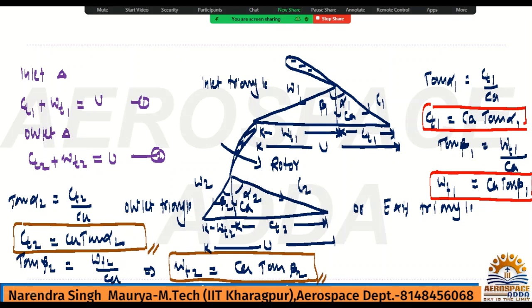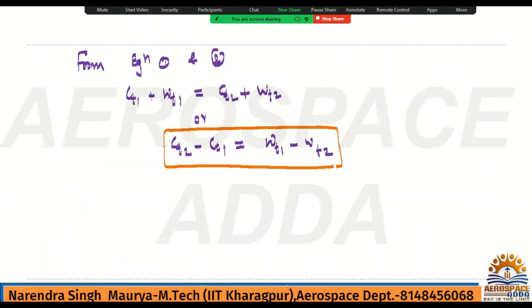from the velocity triangle. Now use this CT1, WT1, CT2, WT2 value. What you will get? If you write CT2, it is CA tan alpha 2. What is CT1? CA tan alpha 1.